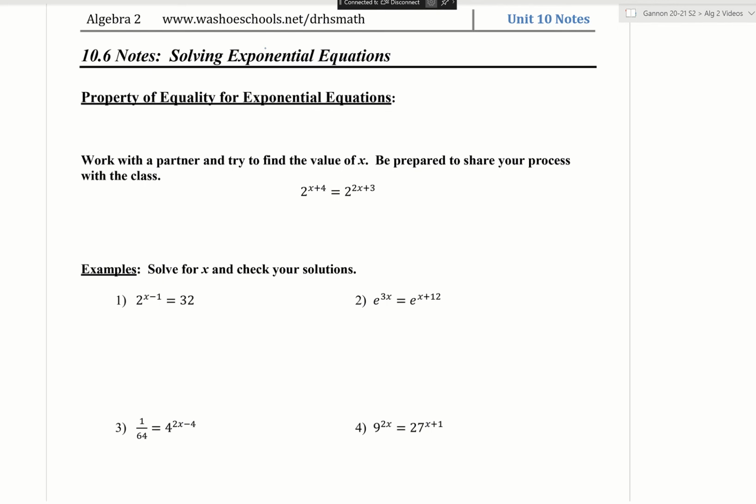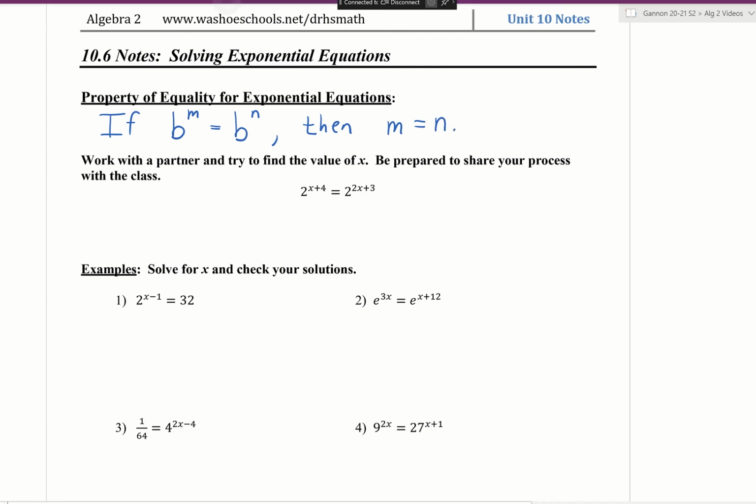And in order to do that, we're going to use a property of equality for exponential equations. And this is essentially what it says. If b to the power m is equal to b to the power n, then in order for that to be true, m has to equal n.